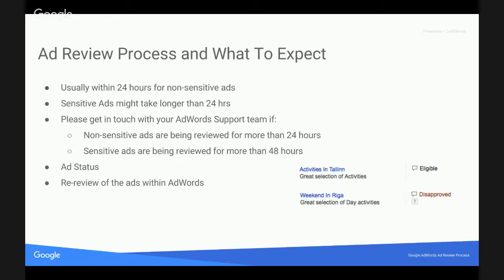Once the ads are reviewed, you will see on the ad status if they have been approved or disapproved. And then what's the eligible status? Eligible means they're eligible for being reviewed in a sense.